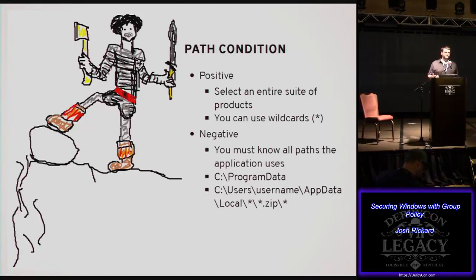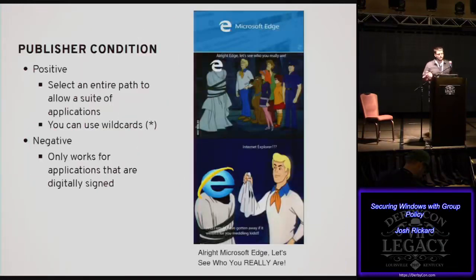There are certain use cases, like WebEx and those types of tools. Some of those need massaging, but for the most part, you don't need EXEs running in those paths. So with the individual path condition, we can specify very granularly, but the downside is you have to know where those paths are.